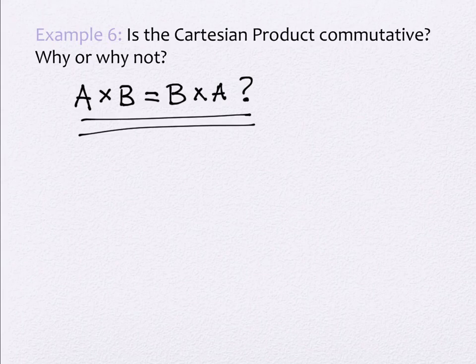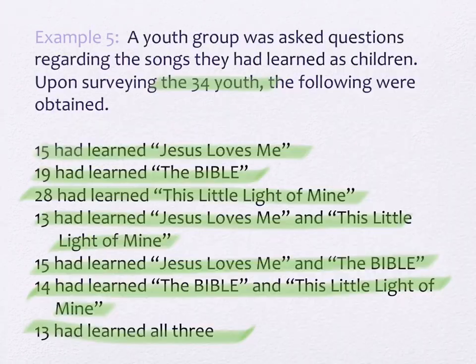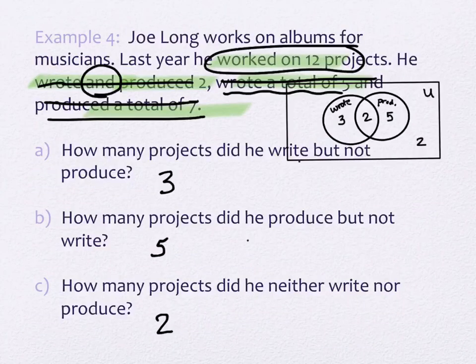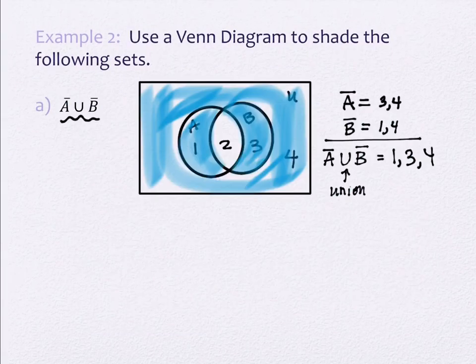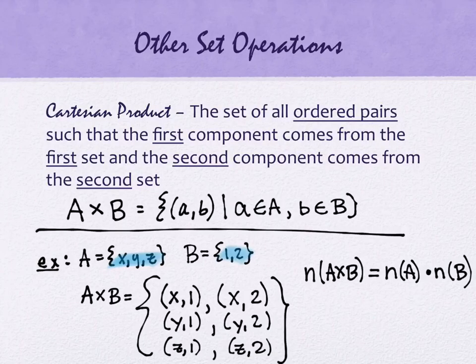I'm going to flip back to our screen from before so you can see the difference when we change the order, and then decide whether or not they create the same items. Over here, set A was XYZ, set B was 1 and 2. When I did A cross B, we got X1, Y1, Z1, X2, Y2, and Z2.